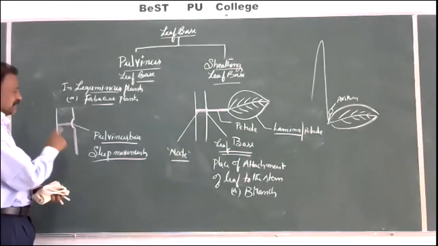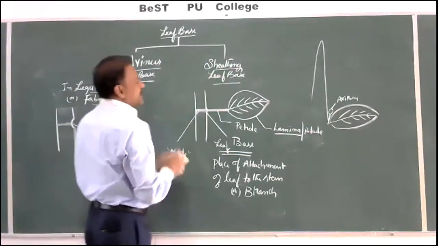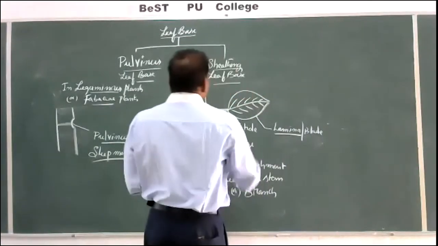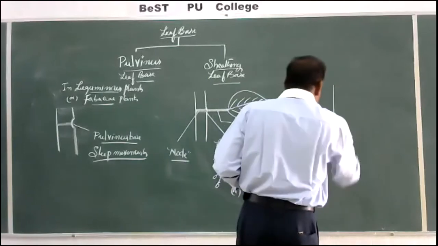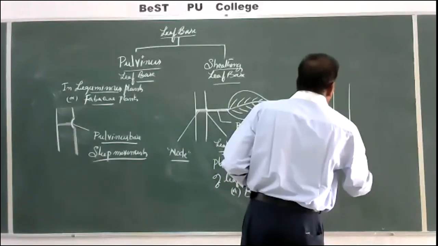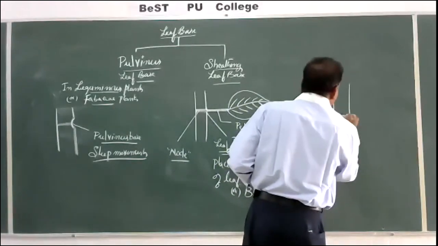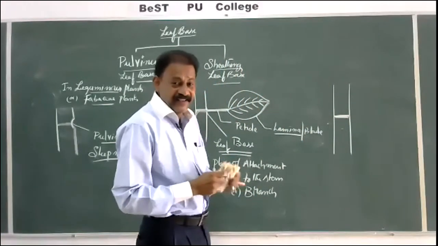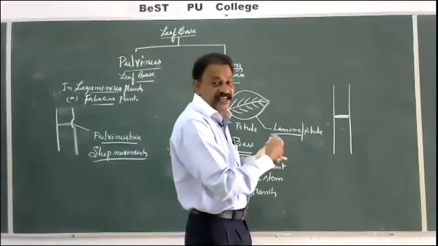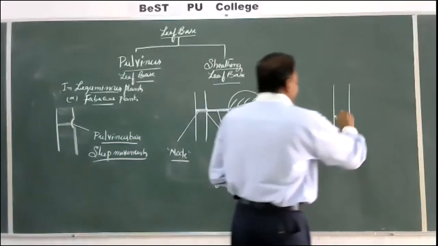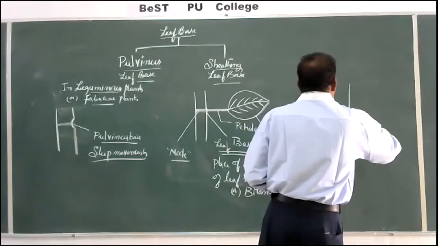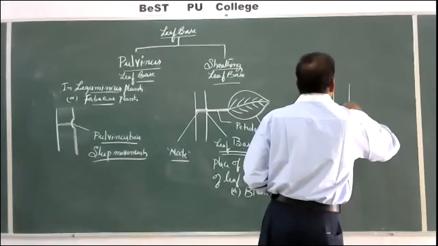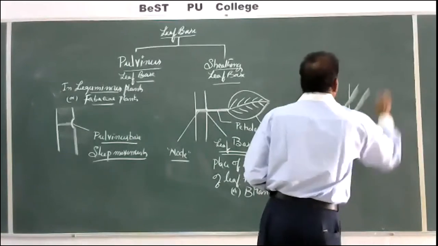Pulvinous. And what is this sheathing leaf base here? Listen carefully, my dear students. Sheathing leaf base means this is the stem and here is a node. To this node the leaf, like a sheath, surrounds here, from here, from here.